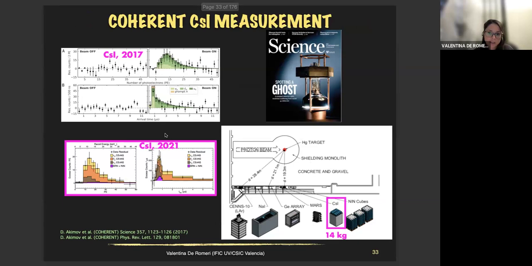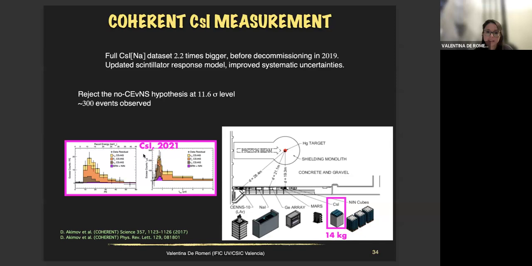Then the same collaboration took more data using the same detector, and in 2021 they released an extended data set, also improving the statistical analysis, and eventually they rejected the no-CEvNS hypothesis at 11.6 sigma level. Meanwhile, the COHERENT collaboration wanted to use different target materials to explore this typical N-square dependence of the cross-section.